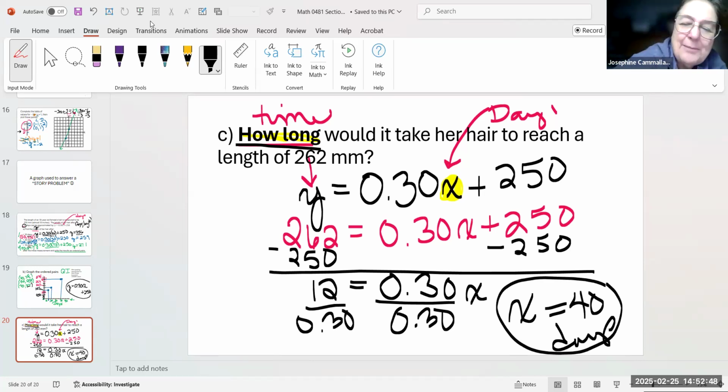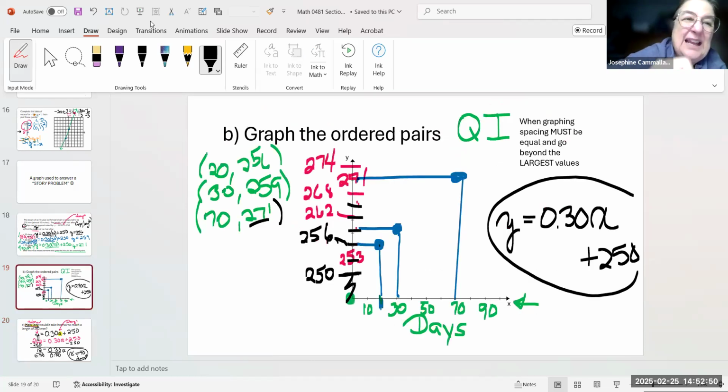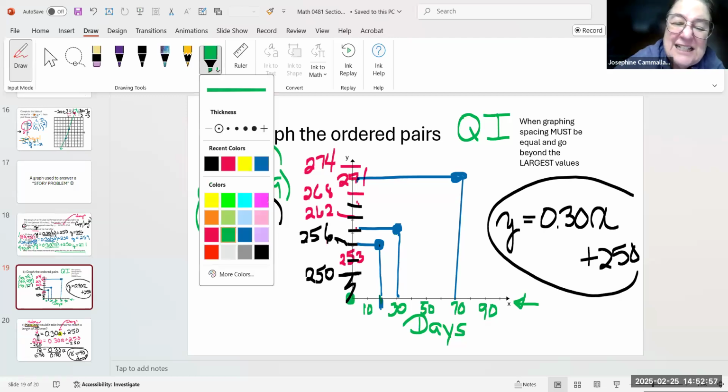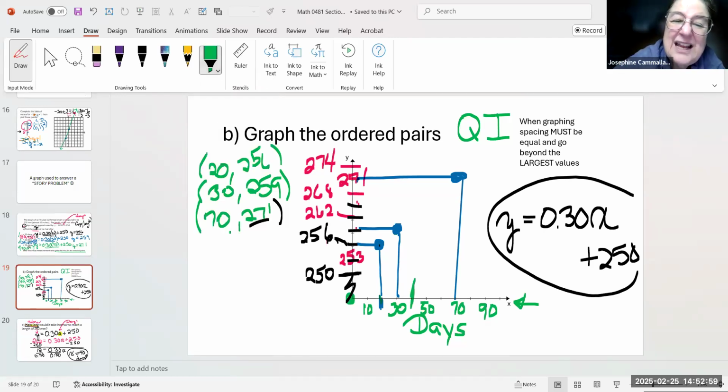Look at my graph. I'm going to go back a slide. If I have 40 days, that's right in here. Do you see that it would fit very nicely right here?